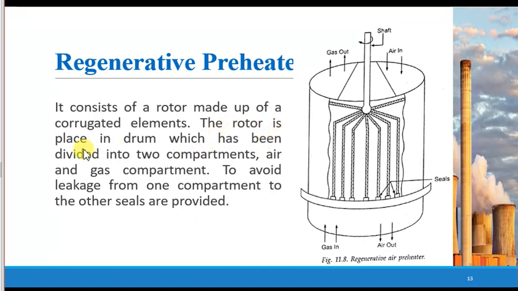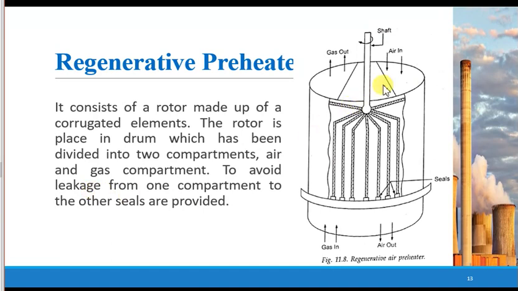The rotor is placed in a drum, you can see it here, which has been divided into two compartments. In one compartment there is air, and in the other compartment there is gas.